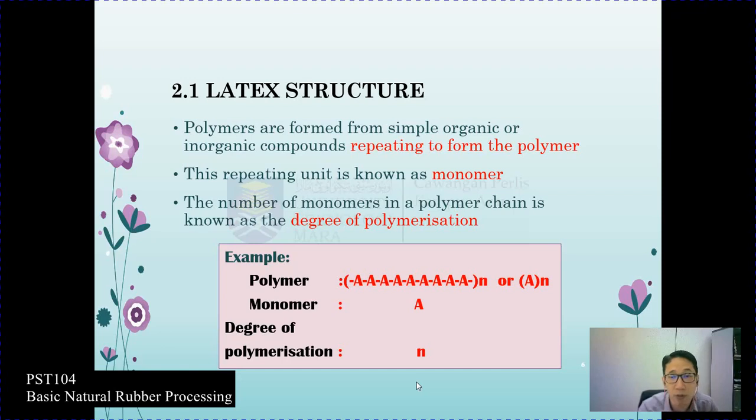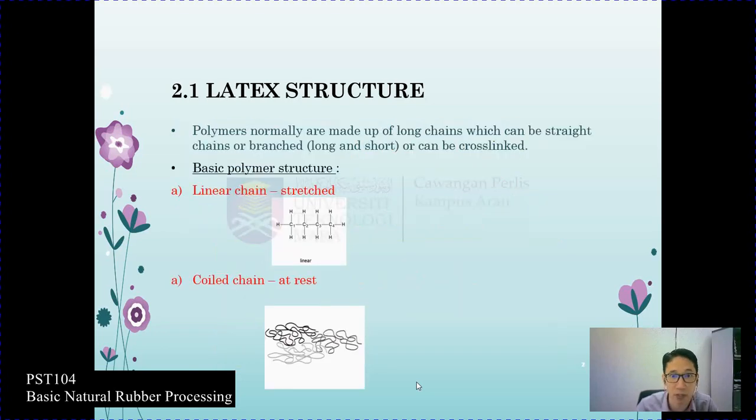This repeating unit is known as monomer. I did mention last chapter the number of monomer in a polymer chain is known as degree of polymerization. For example, repeating units of a monomer A with degree of polymerization n.